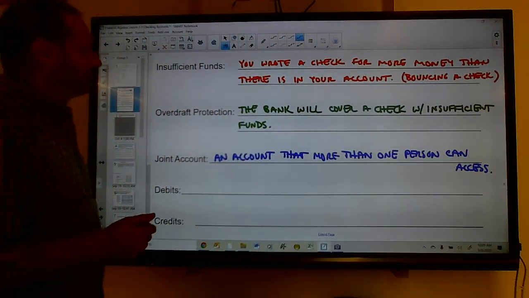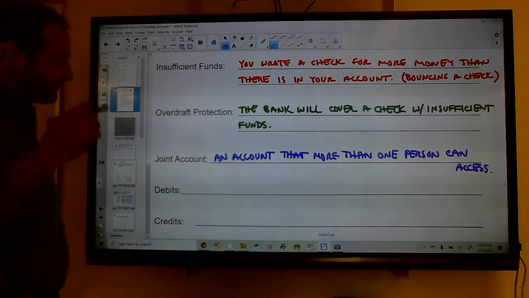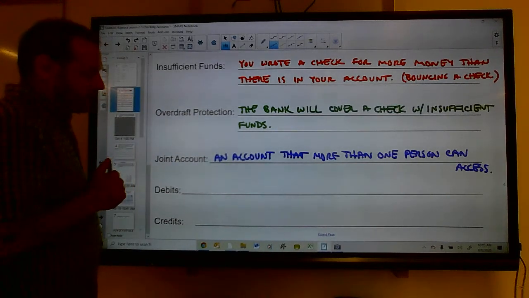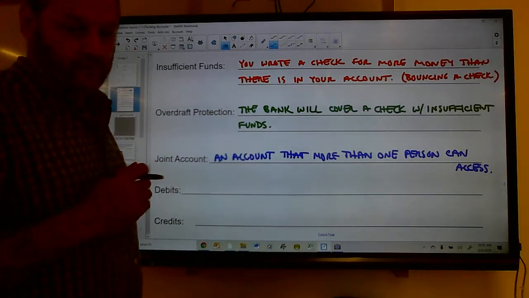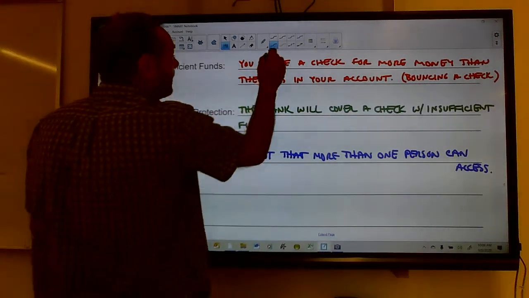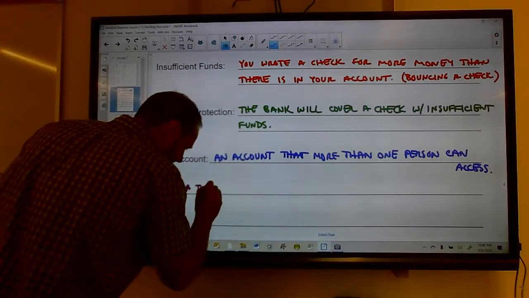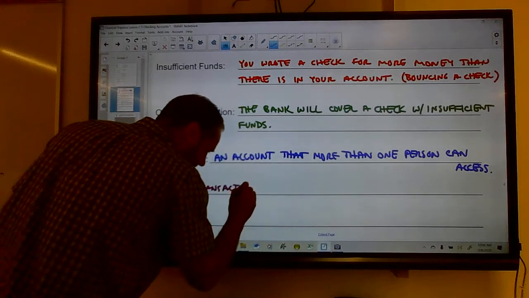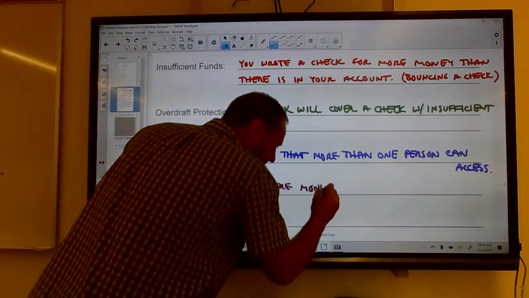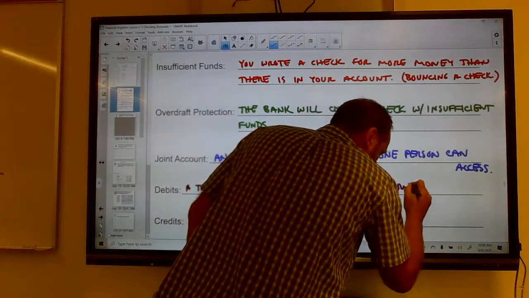Okay, debits and credits. So a debit to your account means that you are taking money out of the account. Let's write this as a transaction where money leaves your account.